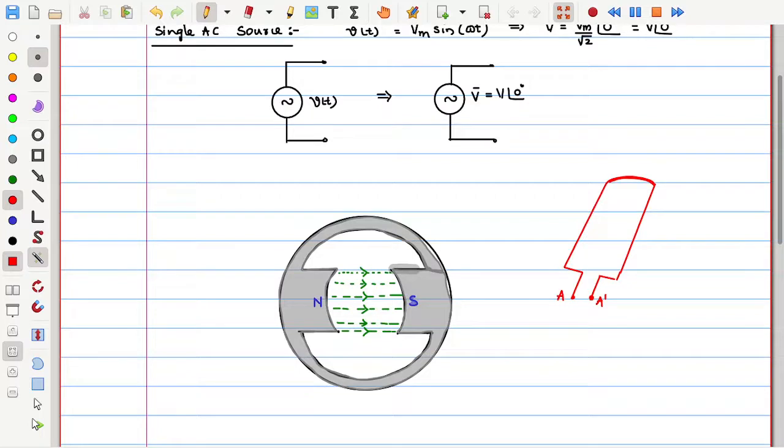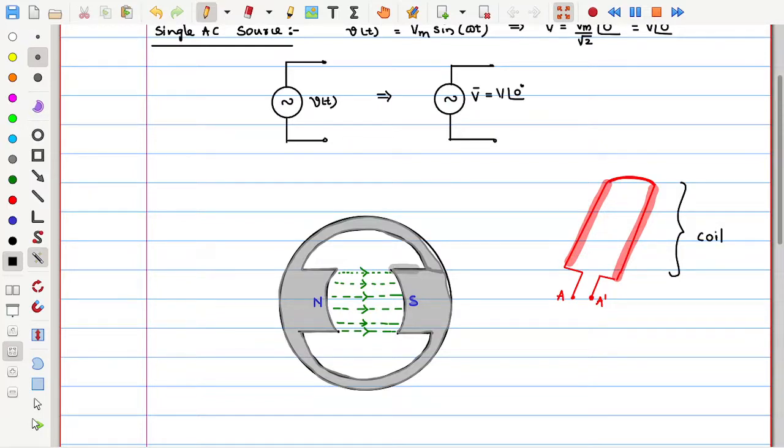So this has basically two conductors. This is one conductor, and this is one more conductor. That means two wires. The formation of two wires gives a coil. This we call a coil.